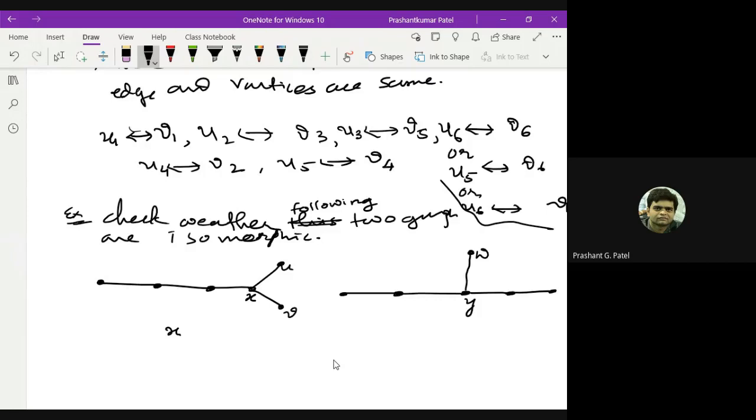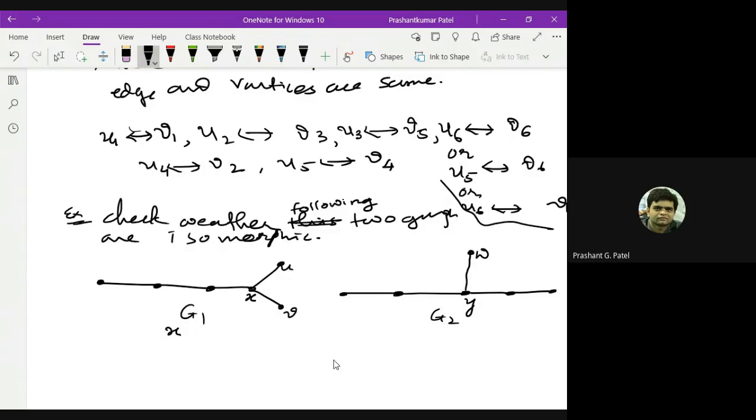This X has a degree 3. And here the Y has a degree 3. No other vertex has degree 3.